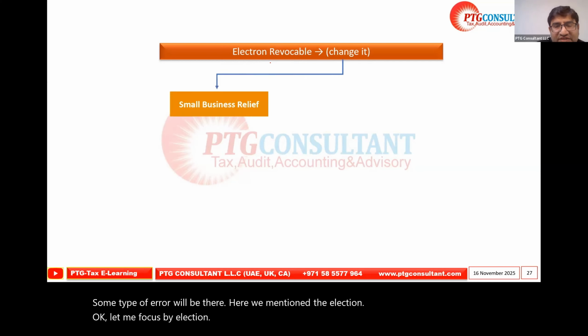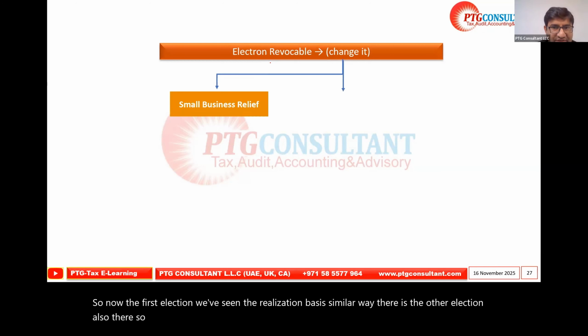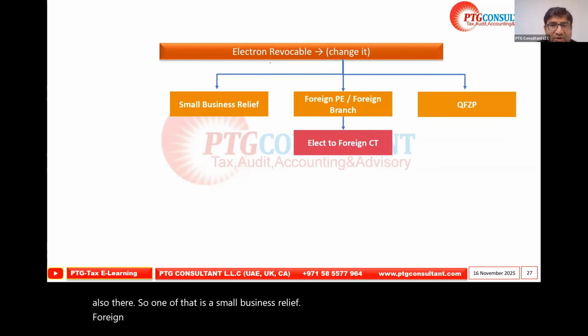So now the first election we have seen is the realization basis. Similarly, there are other elections also. One of them is the small business relief, foreign PE branches, and qualifying free zone.